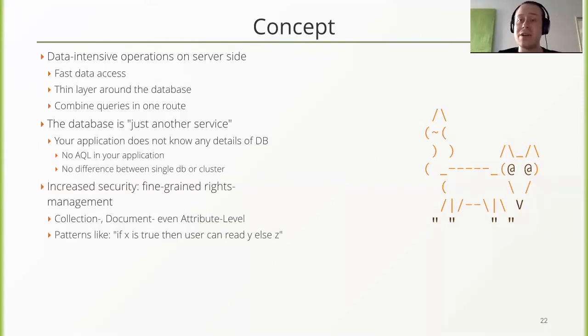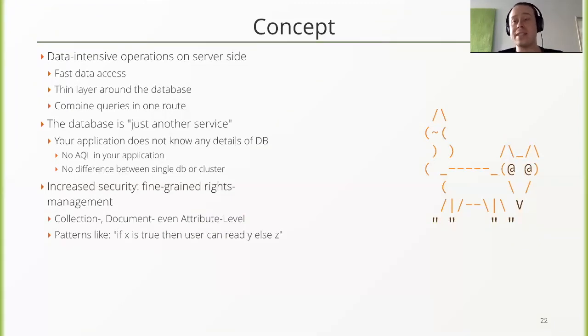That should be done directly in the database, and the complex business logic should be outside. In order to get that, you will have fast data access. So whenever you are inside a Foxx service, you get raw access to all the data that is stored. And the Foxx service is just a thin layer around the database.